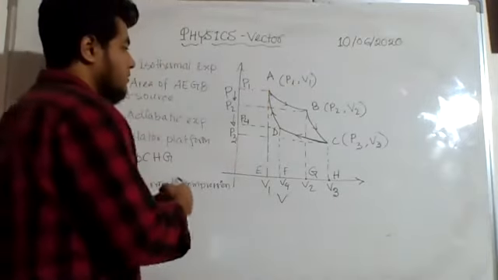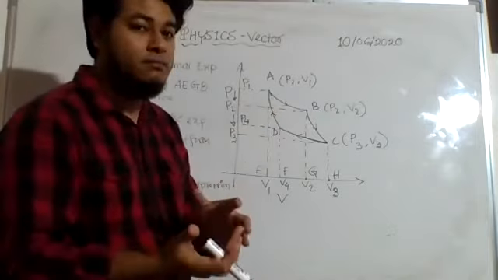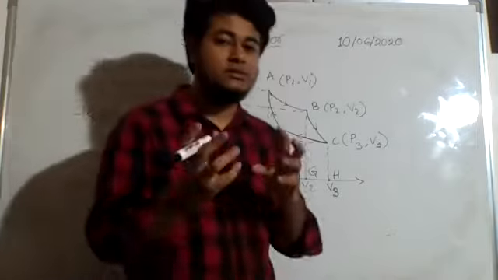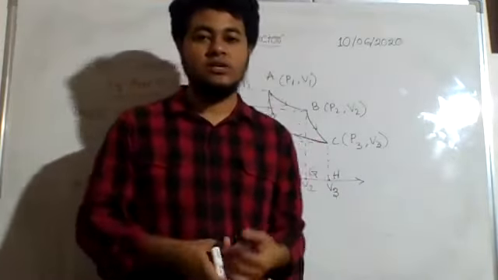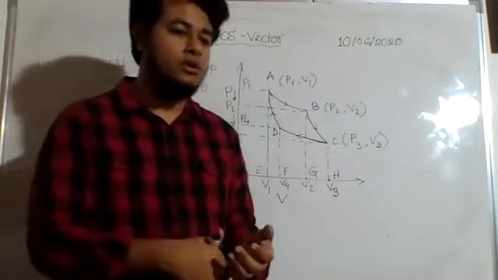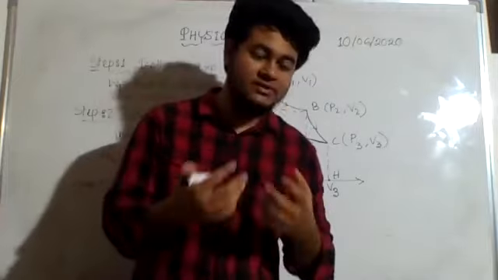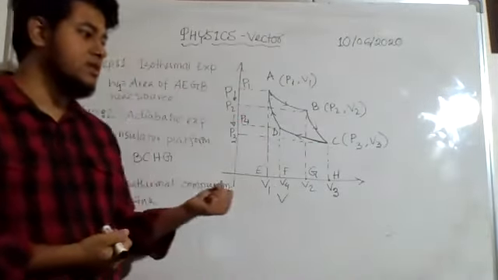So this is the process DA, which is adiabatic compression, because you are putting the system on the insulator platform. No heat energy can go out or come in, so the heat exchange is 0. So we can consider this one as an adiabatic process.